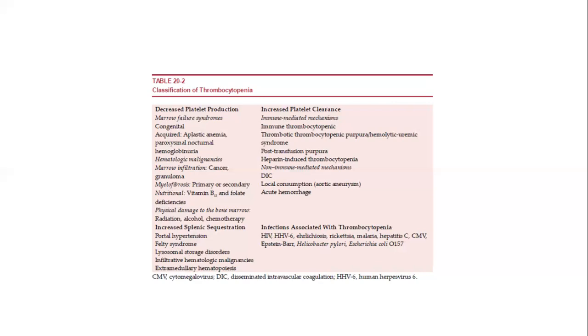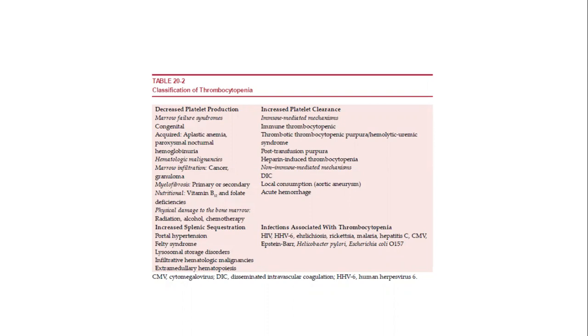Knowledge is power. So why this is important is, if dengue is causing thrombocytopenia by reduced marrow production, in that case giving platelets is ideal. Am I right? If dengue or an infection is causing thrombocytopenia by affecting the bone marrow, the production from the marrow itself is less, so we must give platelet transfusion in that patient.